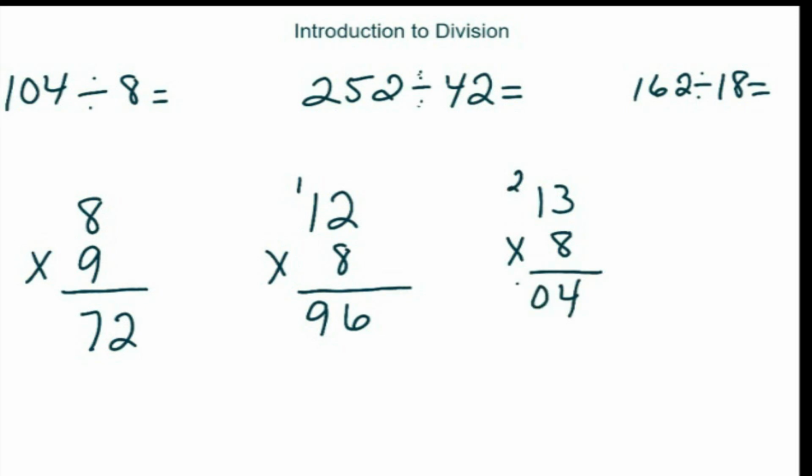Okay, 13 times 8 is 104. Because 8 times 13 gives us 104, that means that 13 is the number we're looking for.